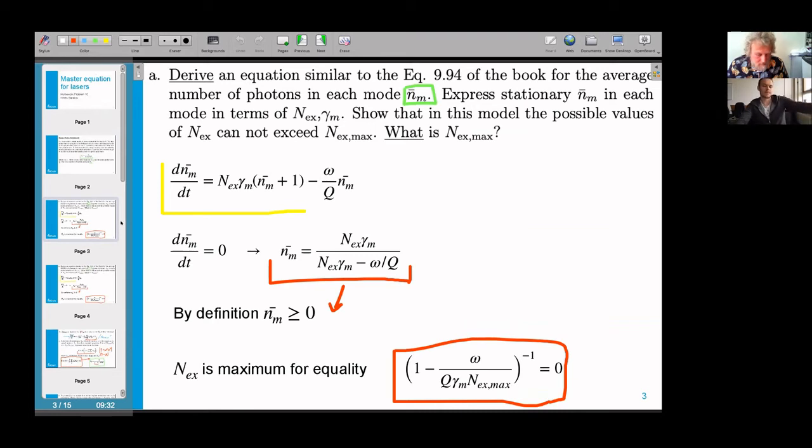So the denominator that I get is just omega over q minus nx gamma m, it's a different expression for nm, so the result will be different. So you only get one divided by the same expression, but just multiply the denominator by a minus. Or maybe I'm wrong.